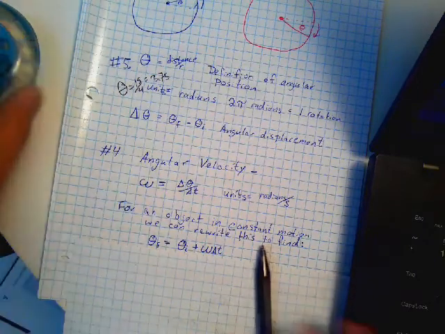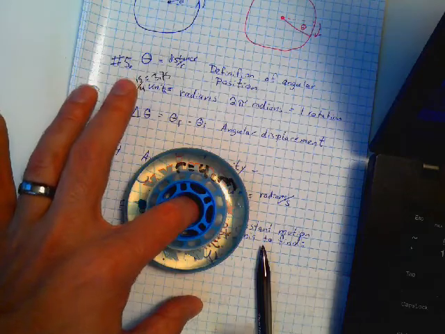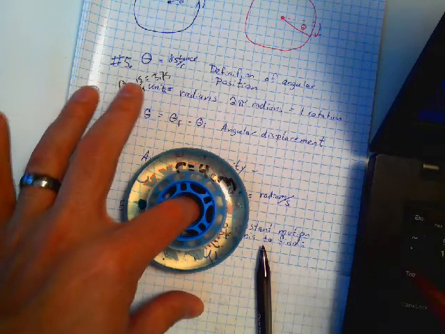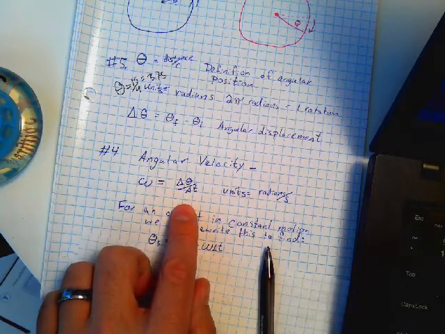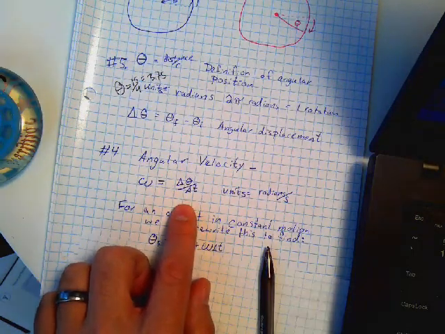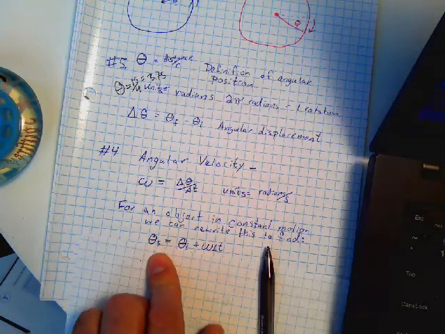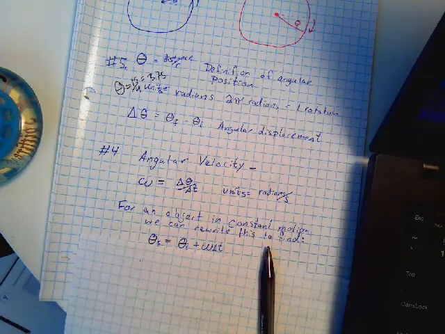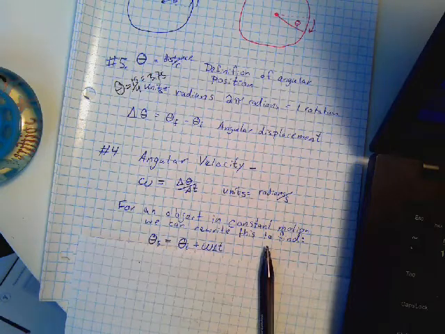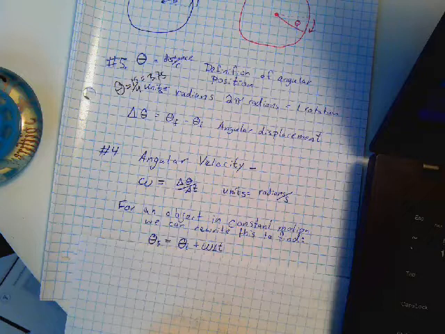So if I'm spinning this at a constant velocity, then I would know, like, if my angular velocity is 2 radians per second, after 2 seconds, I would have rotated through 4 radians. If I kept rotating for another second, so now it's a total of 3 seconds, so delta t would be 3, then I would have 6 radians. I'd almost be all the way around one time.